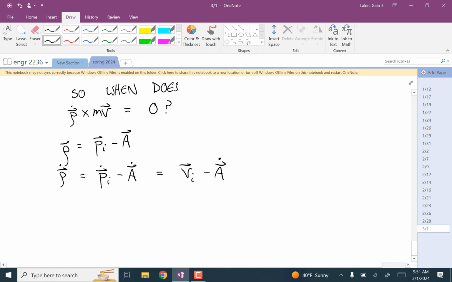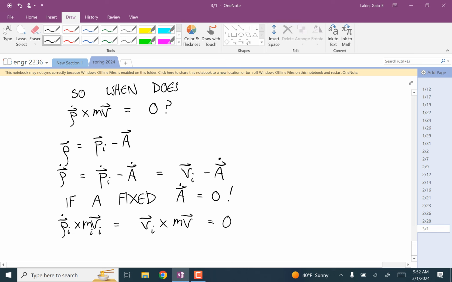So if A is fixed, what's A dot? It's zero. And so rho dot cross m v is equal to v cross m v, for each individual particle i, which is equal to 0 because of how the cross product works.